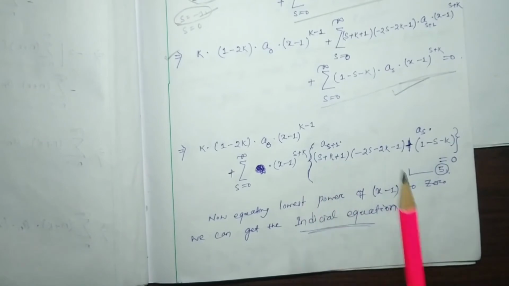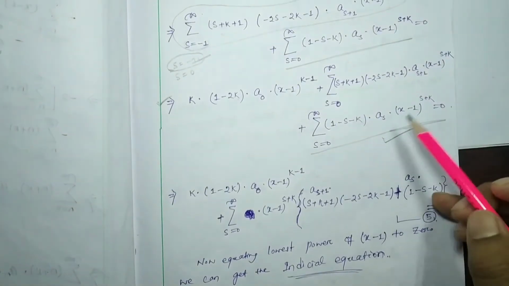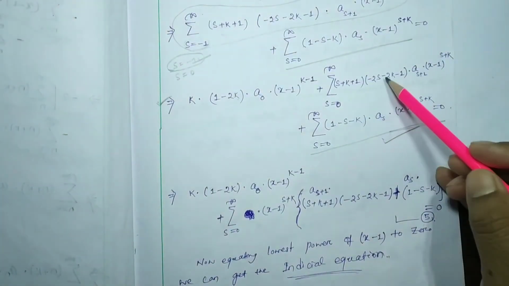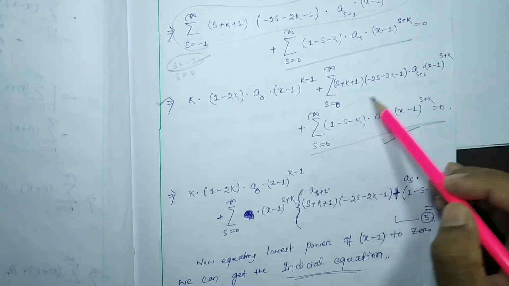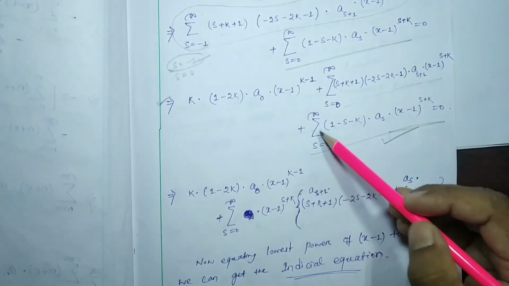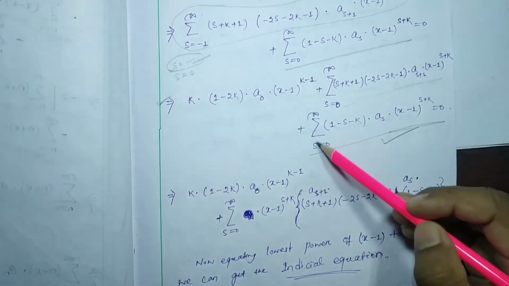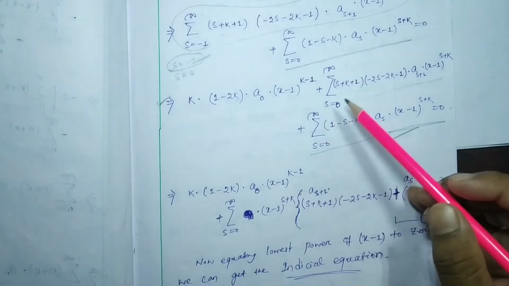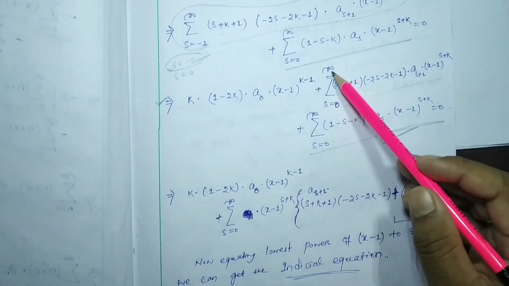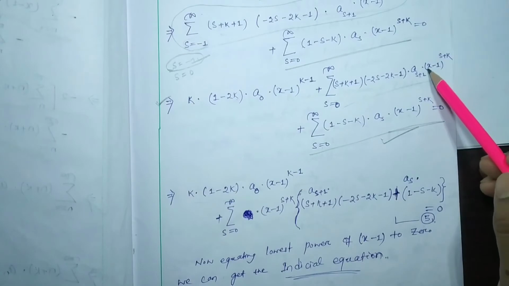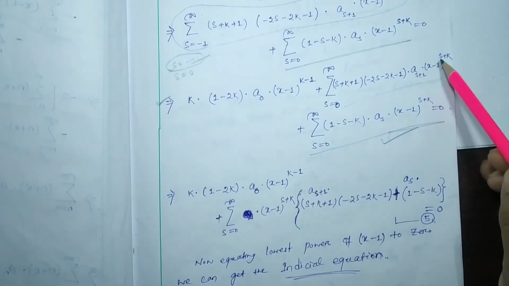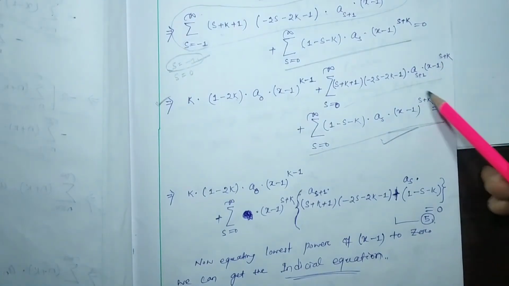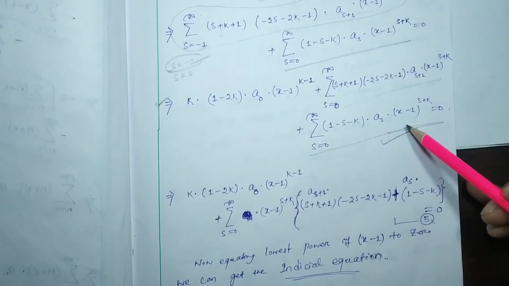In the next step, you can see here, comparing this term and this term, the summation starts from s equal to 0 to infinity. For this one also s equal to 0 to infinity, and the (x minus 1) power is the same: here s plus k, here also s plus k.